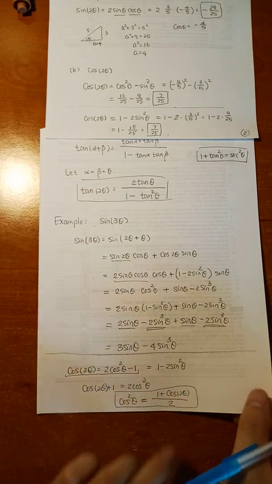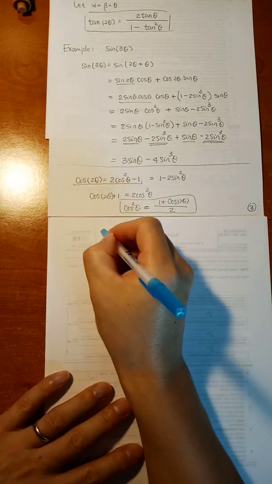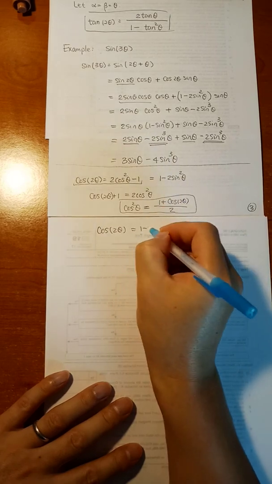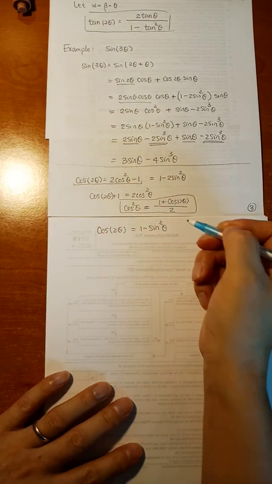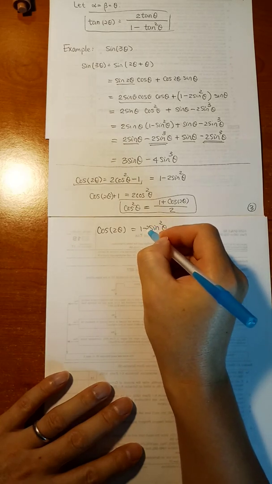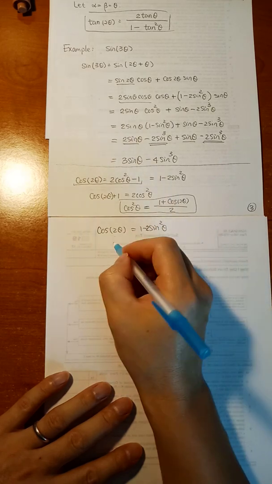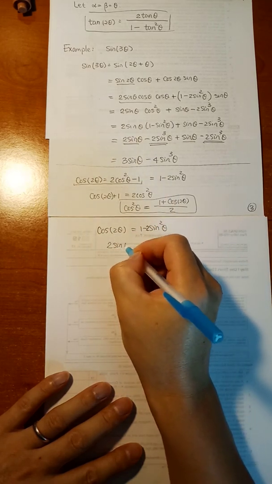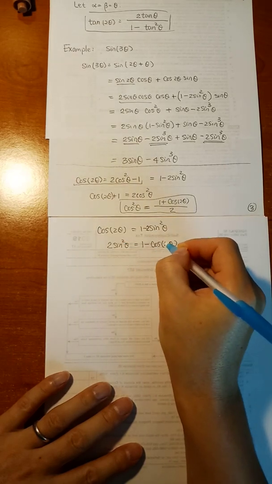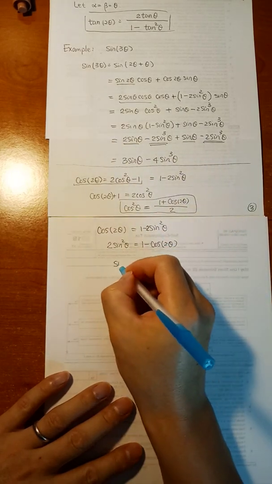If we select the other one, cosine 2 theta is equal to 1 minus 2 sine theta squared. Then we move 2 sine theta squared to the left side and cosine 2 theta to the right side, and then we divide the equation by 2.